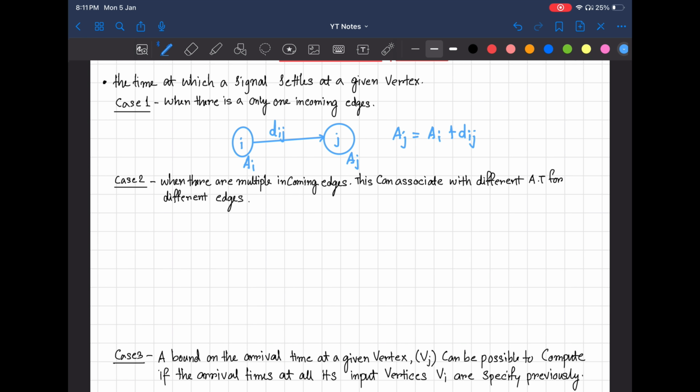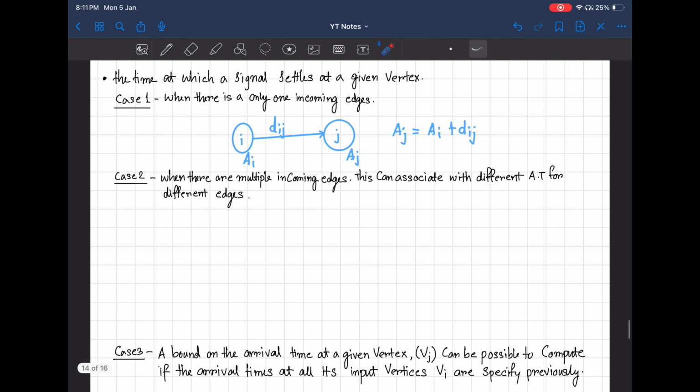There can be a case too when there are multiple incoming edges. Let's see how to draw that. This is one edge, this is another edge, and there is another edge.